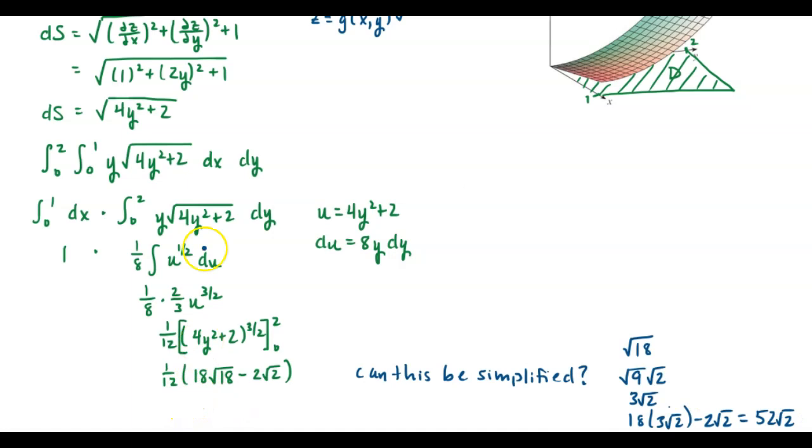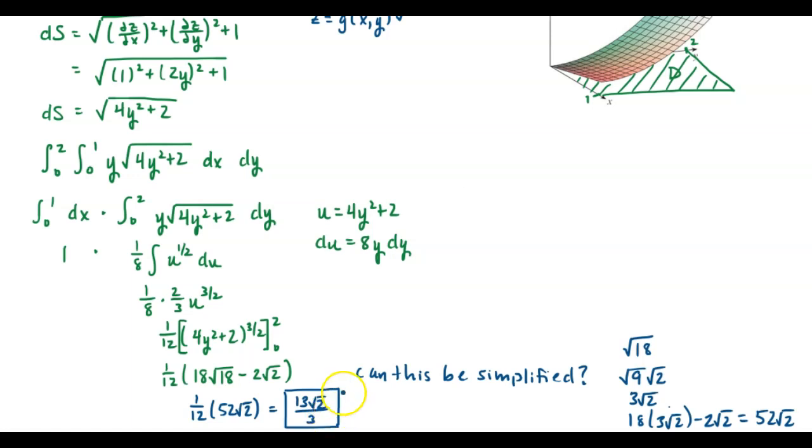Finally, calling this 1/12 times 52 root 2. Well, 52 divided by 12, let's see, I can take a 4 out of both of these. 52 divided by 4 leaves us with 13. And so we're left with 13 root 2 over 3. This is our most simplified answer.